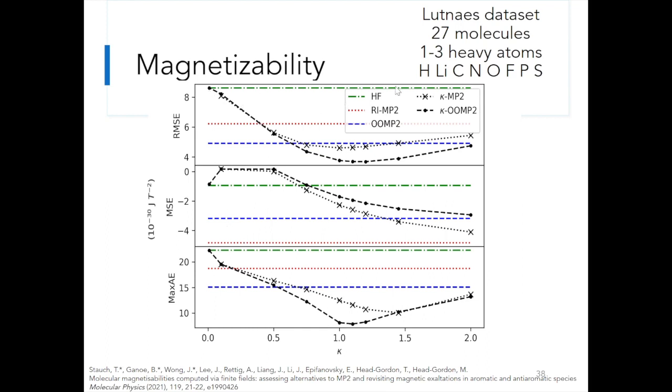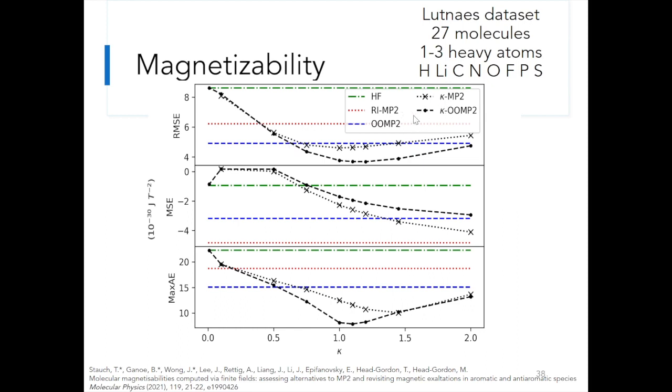The green line corresponds to the Hartree-Fock error with respect to coupled cluster singles and doubles with parenthetical triples. The red line corresponds to the non-regularized MP2. The blue line corresponds to the non-regularized orbital optimized MP2.